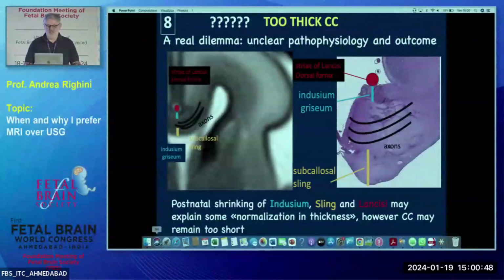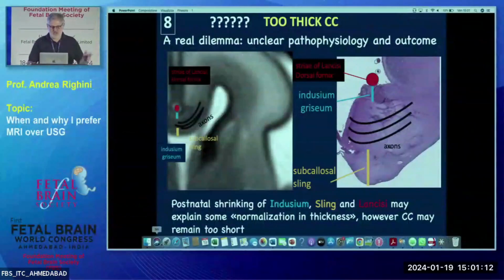There are 2 papers in the literature, one from our group and one from an American group, which saw that in mental retardation cases the striae of Lancisi were more prominent, even preserved, but usually they disappear or become thin physiologically, and then gave reason to a thicker corpus callosum in these postnatal cases.